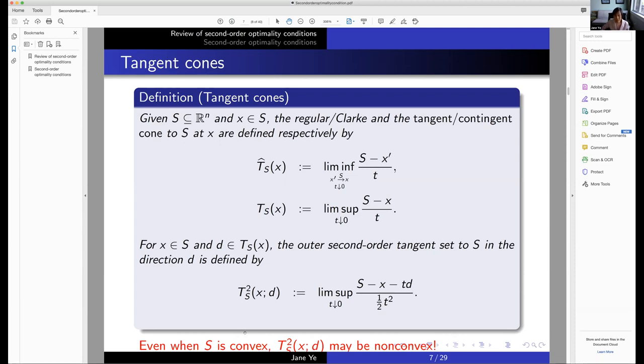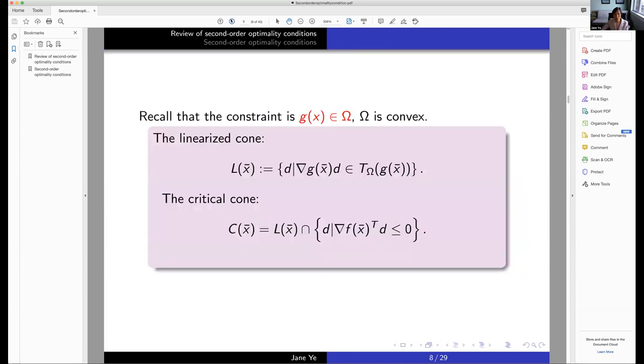Even when this set is convex, the second order tangent cone may be empty or may be non-convex. This is very different from the first order tangent cone. Recall the constraint is this. When omega is convex, the linearization cone will be this, an approximation of the tangent cone, where this is the tangent cone to omega. Then the critical cone is defined by this.